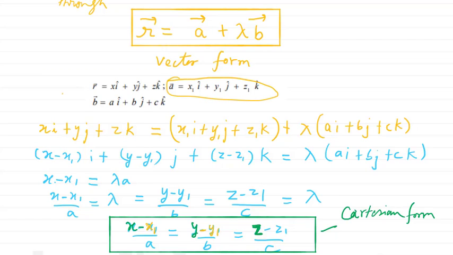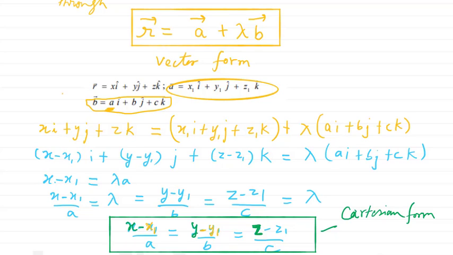The a comes from the vector to which the required line is parallel. Then y minus y1 comes from the given point, and b comes from the parallel vector. Like this you can get the Cartesian form. That is very important.